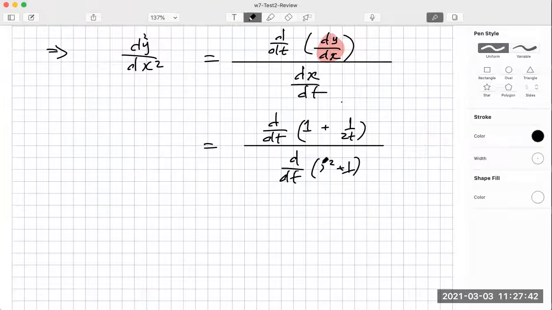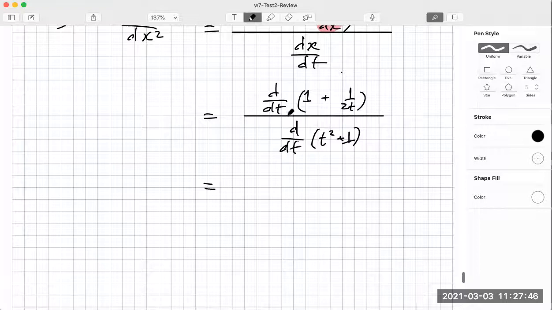T squared plus 1. Okay, therefore, derivative of 1 would be 0. Derivative of this guy, it is a quotient rule. Therefore, it will be negative of 1 over 2t squared.